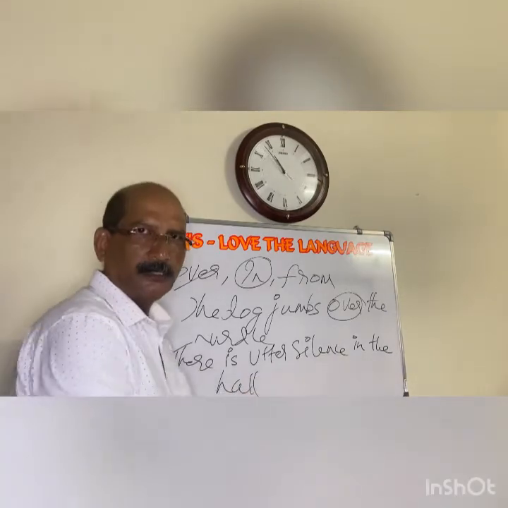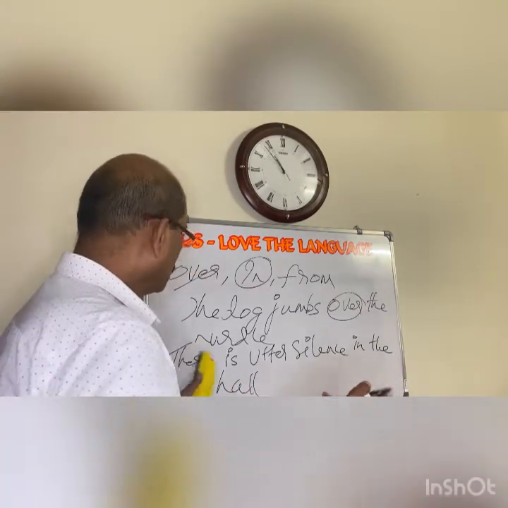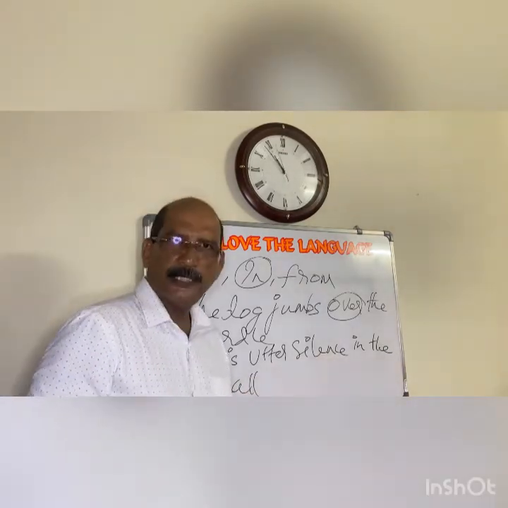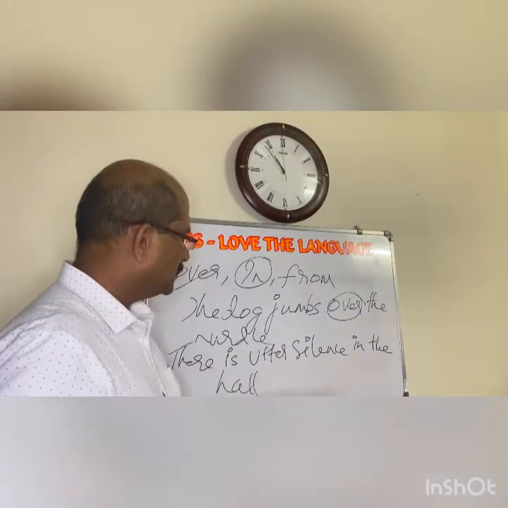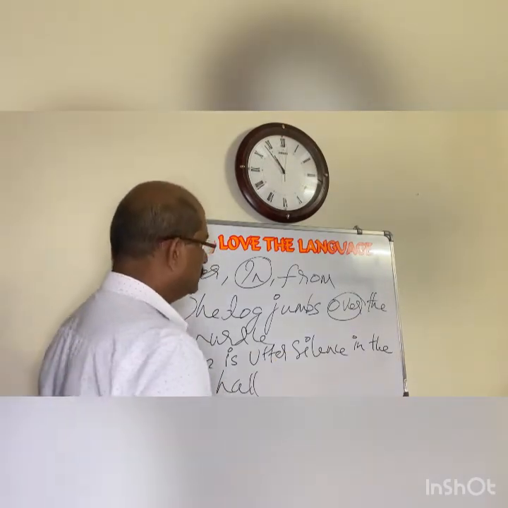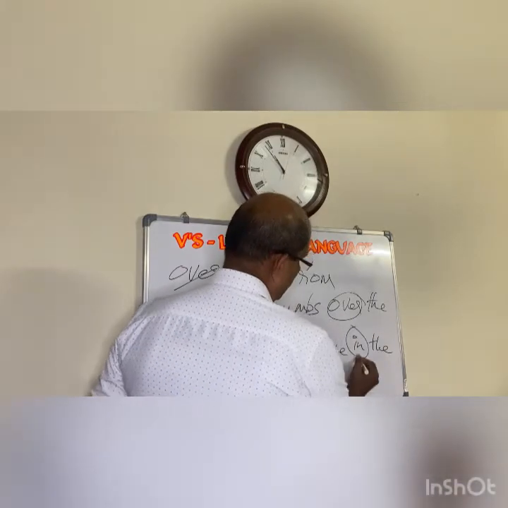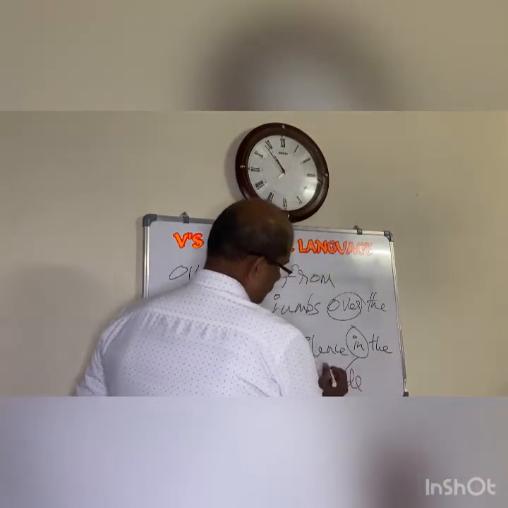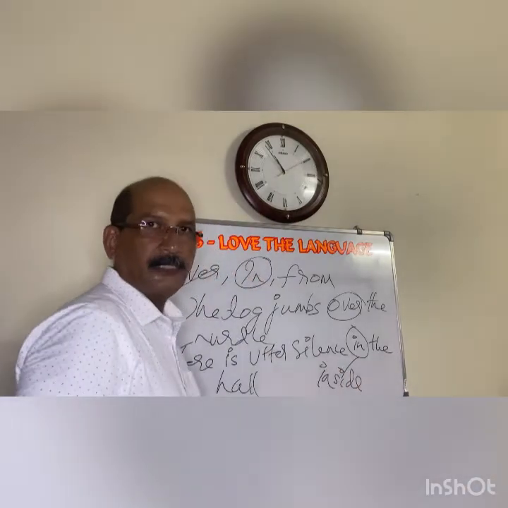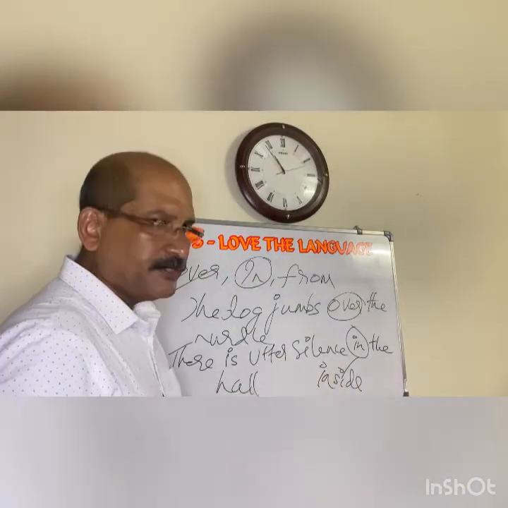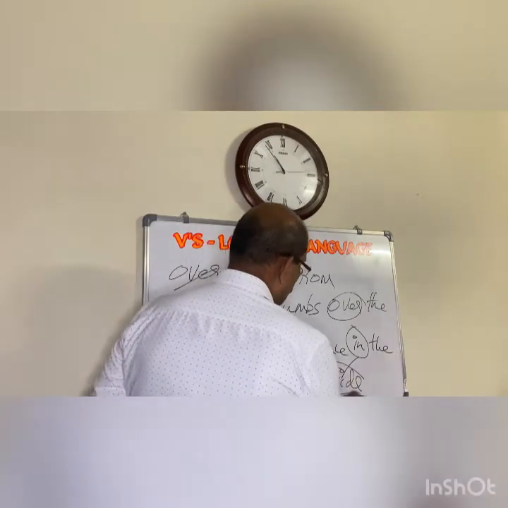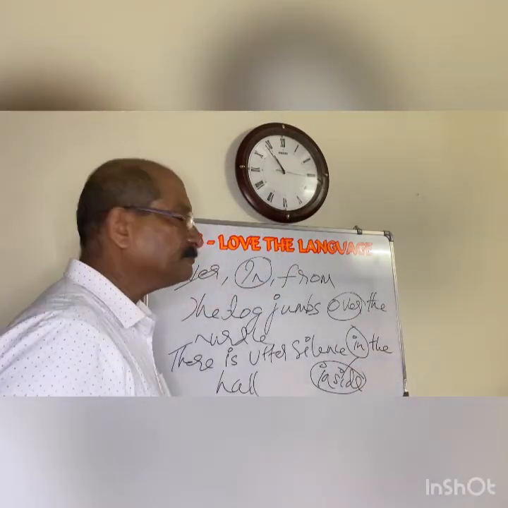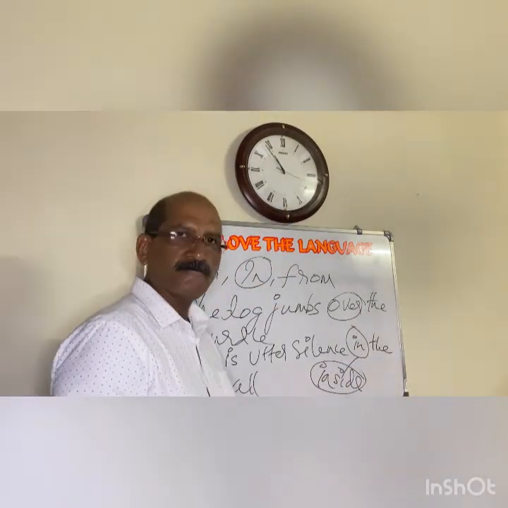There was nobody in the hall. No speaker, no noise, no mic. There is utter silence in the hall. You can use inside also. Inside. And incidentally, this is also a preposition.